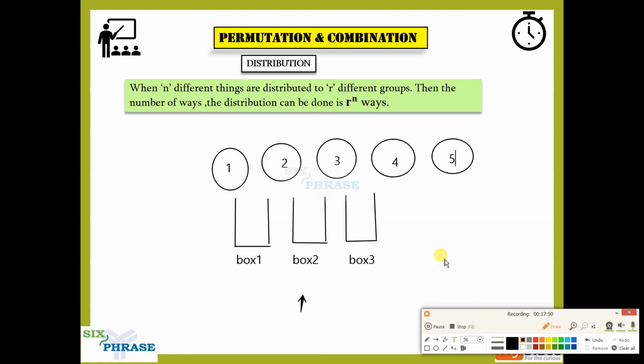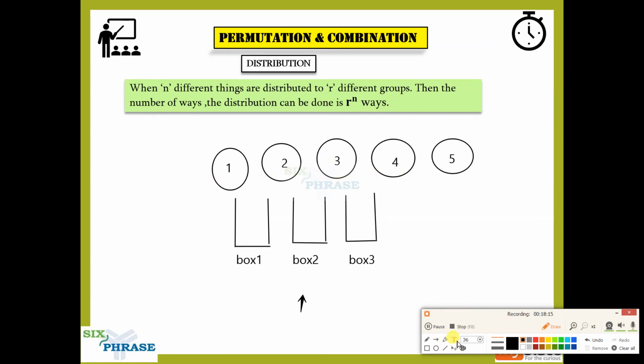So in this case, had they asked you, in how many ways can you arrange these 5 balls into these 3 boxes? You would say 5P3, because out of a total of 5, you are arranging 1 2 3. It could be 1 2 3 or 3 4 5.